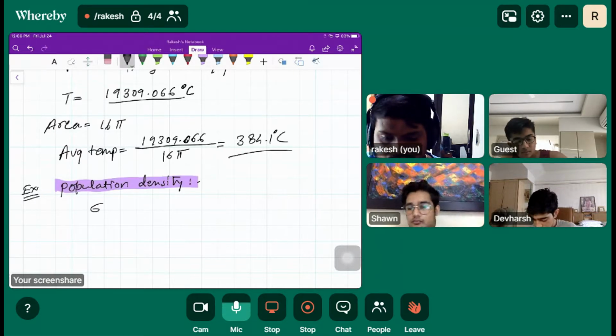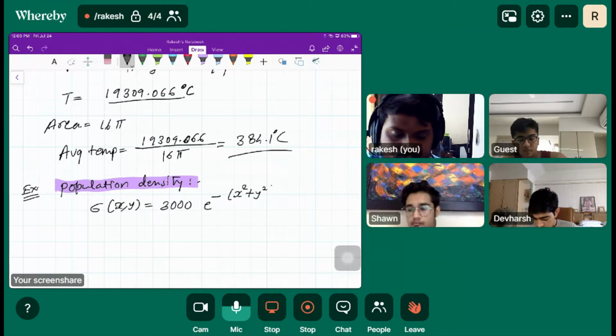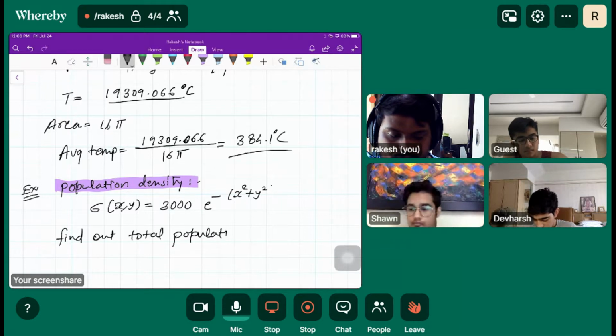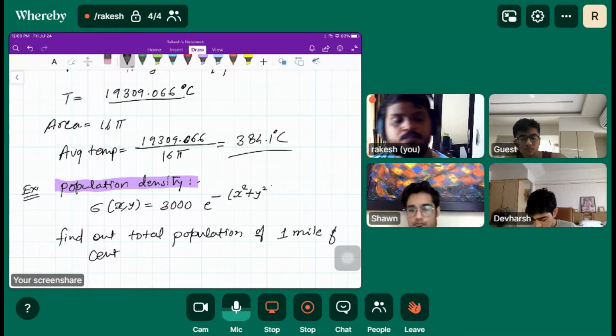The population density sigma of x, y is given, which is 3000 e raised to minus (x square plus y square), and you have to find the total population of 1 mile of the center. Please do this.